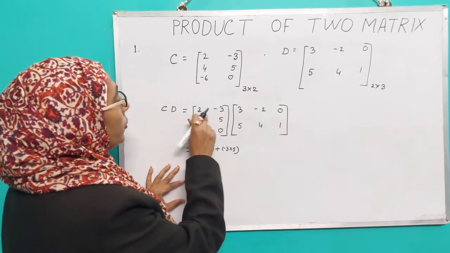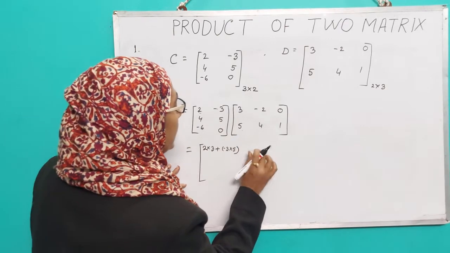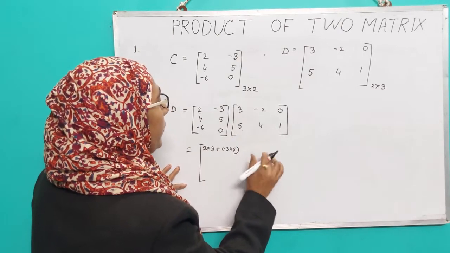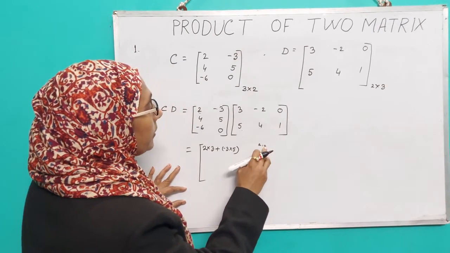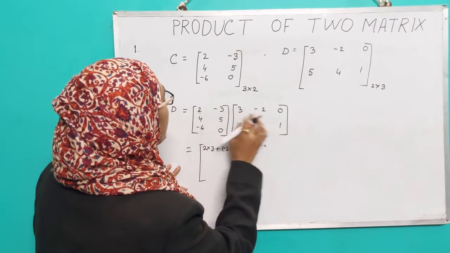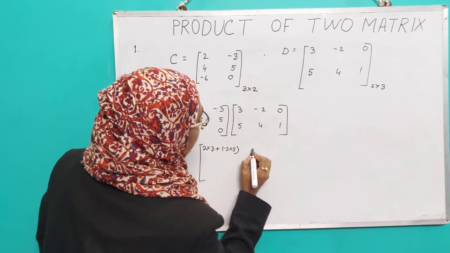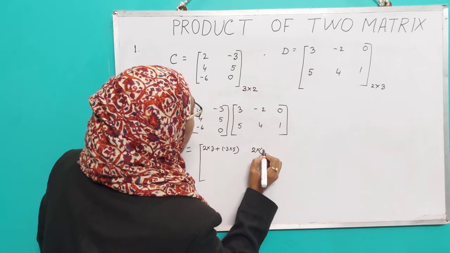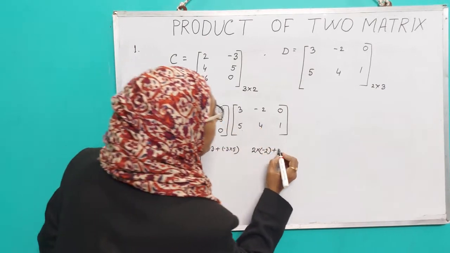Is it clear? Then this element is A12, first row, second column, that is 2 into minus 2 plus minus 3 into 4.